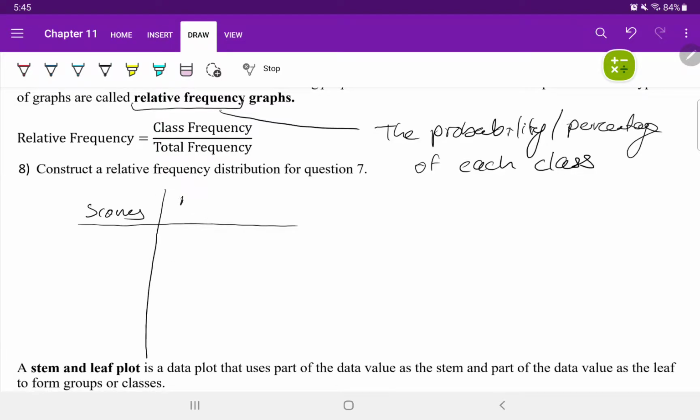I'm going to call this relative frequency. And here, I'm going to put one more column for percentages. Because when you create a relative frequency distribution, you can use those probabilities to find the percentages just by moving the decimal over to the right by 2 spaces.